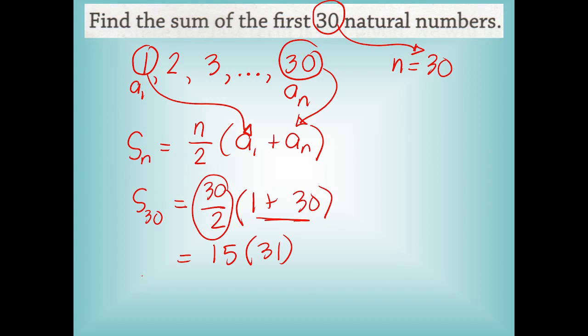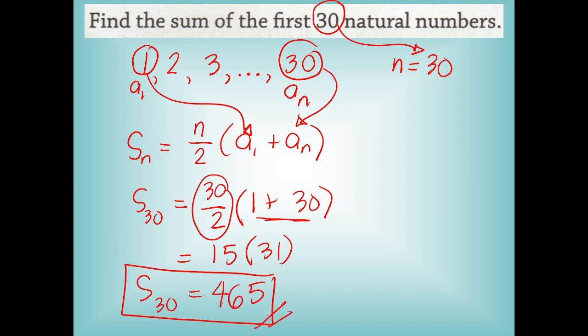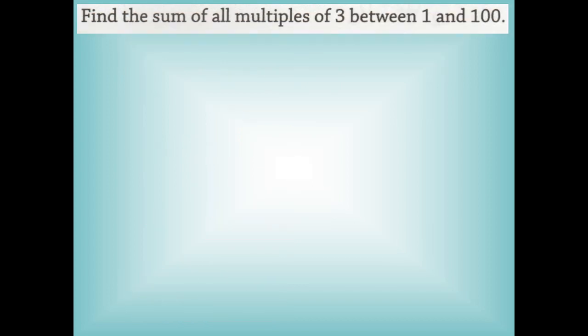And this answers our problem. This is now the sum of the first 30 natural numbers. Okay? Let's go to our last problem. Are there any questions about this problem, by the way? None. Okay, let's have our last problem.